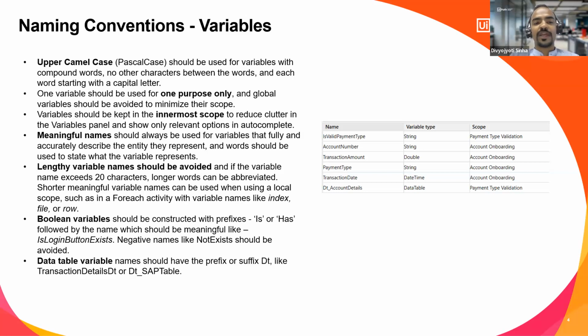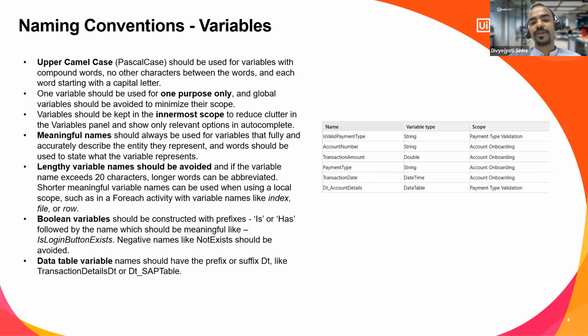And also, a meaningful naming convention should be there. Again, lengthy variables you should always avoid. If it exceeds 20 characters, you should limit the number of words and try to abbreviate the longer words as much as possible. And again, you can give meaningful variable names.